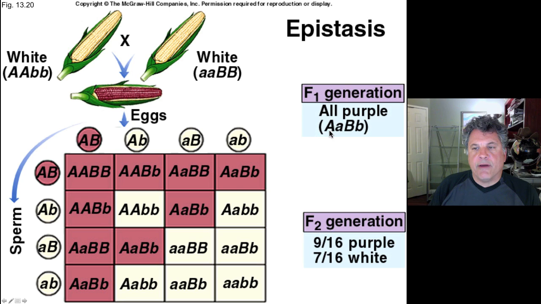And if we assume that the A and B genes exist on different chromosomes, they're going to assort independently, in other words, then if we inbreed these F1s, we will have independent assortment of the A and B alleles such that egg cells will be one of four possible genotypes, and pollen cells or sperm cells will be one of four possible types as well, the same four possible types.